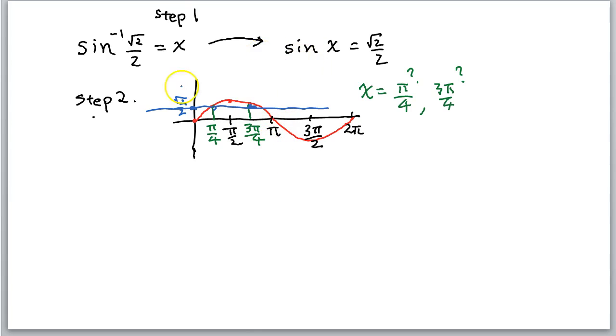That's why sine inverse is not really the inverse function of the sine function. The way mathematicians decided to get around this problem: one solution would be to never talk about the sine inverse function at all. However, when people tried to use trigonometric functions, they realized that this inverse sine function was very important.